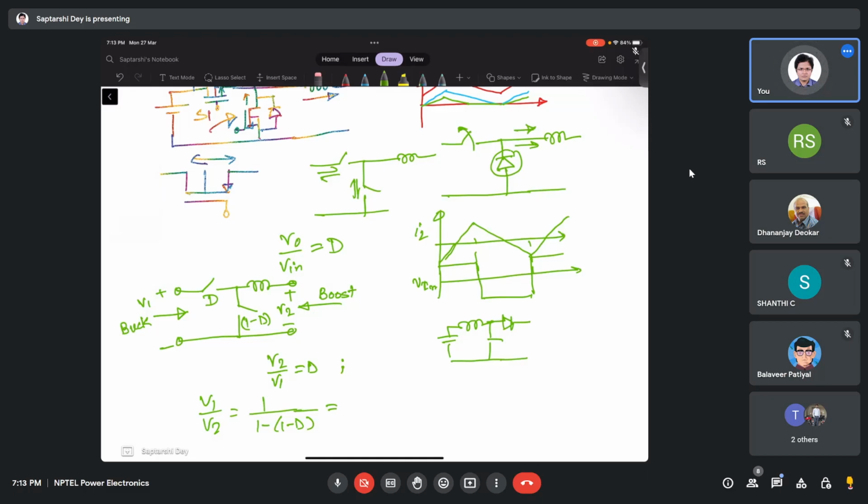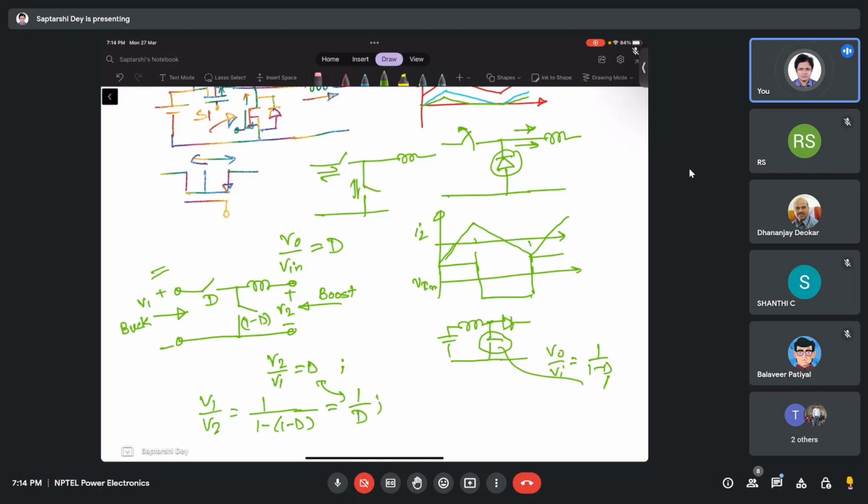Because when we write the equation for a boost converter, V output by V input equals 1 by 1 minus D, this D is the duty ratio of this switch, which is 1 minus D in this case. So it comes out to be 1 by D. So you see these two match. V2 by V1 is D.